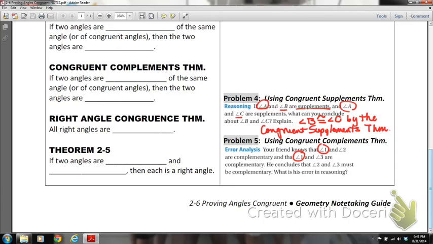So what he should have said by the congruent complements theorem is not that they are complementary, but he should have said what? He should have said angle 2 is congruent to angle 3 by the congruent complements theorem.